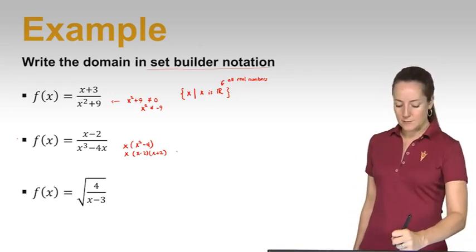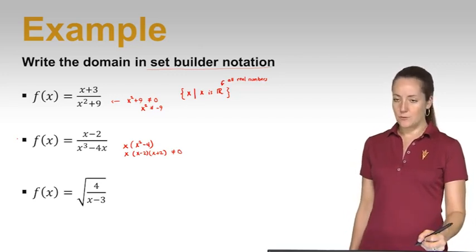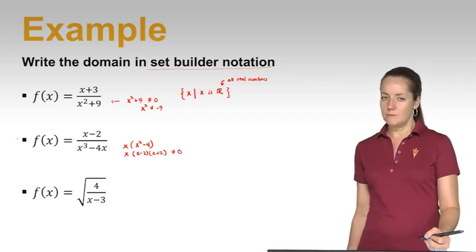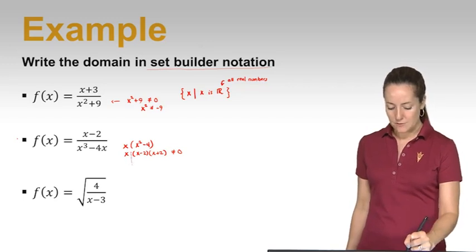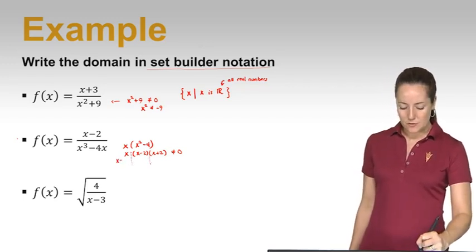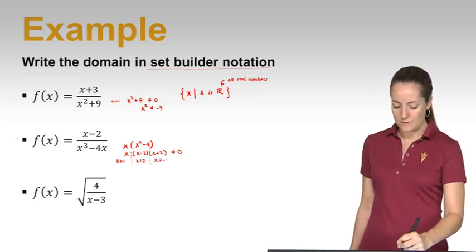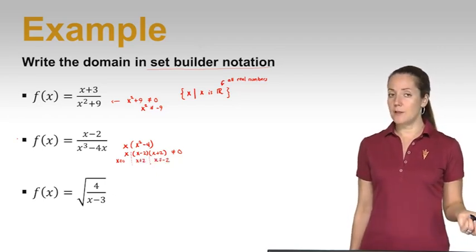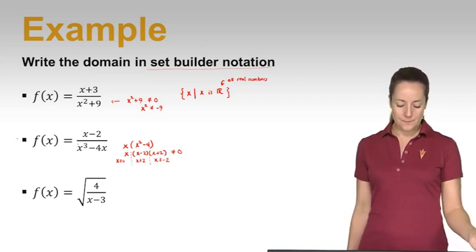I don't want that denominator to equal 0, so that means that none of the factors can equal 0, using the zero product property. So I know that x shouldn't equal 0, x shouldn't equal 2, and x shouldn't equal -2. Any one of those three values would cause the denominator in this second example to equal 0.